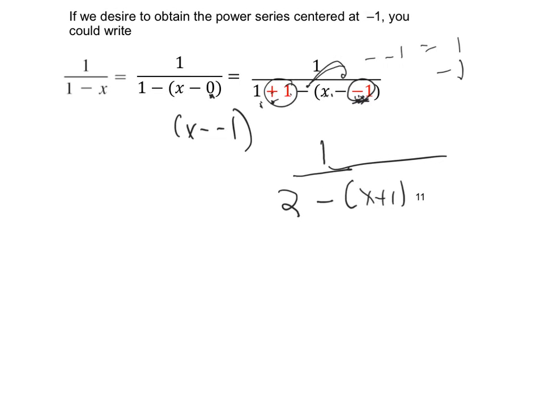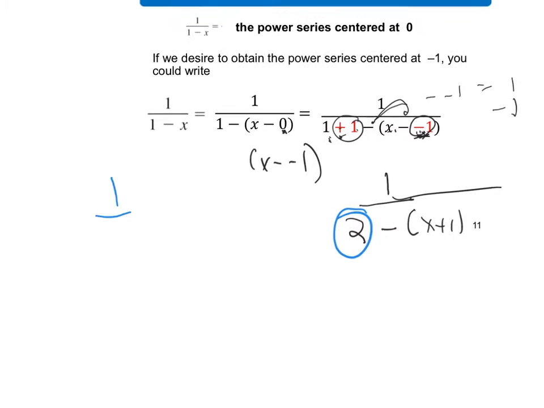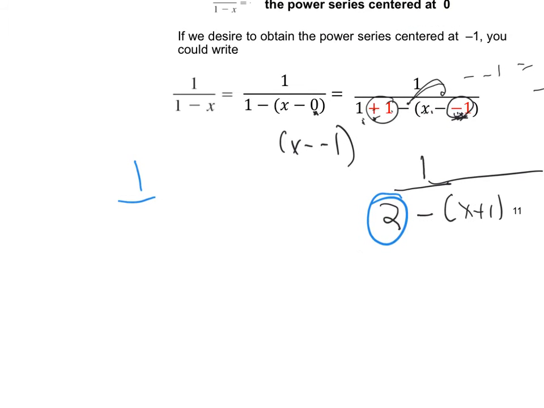But that form is still not right because I need this term here to be a 1. That's what it started out as. I need it to be an a sub 1, some number. It doesn't matter what number it is. But this has to be a 1 minus the r.